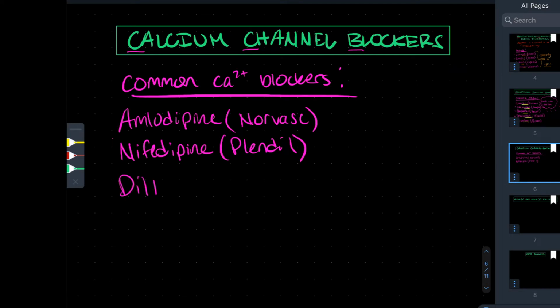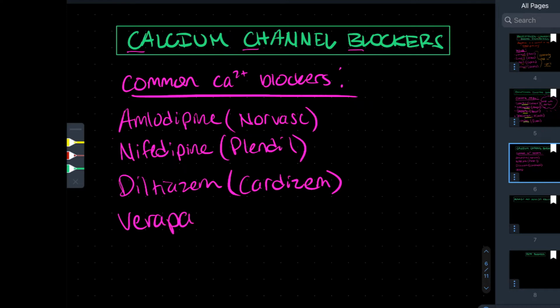We have diltiazem, which is called Cardizem. And finally, another common one you might see is verapamil, which is also called Verelan.